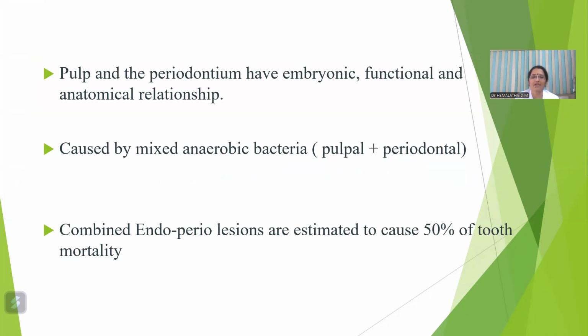And we have mixed anaerobic bacteria involved in both the pulpal and the periodontal infections. So that is why we most commonly encounter combined lesions in our day-to-day practice. Combined endo-perio lesions are estimated to cause 50% of tooth mortality.